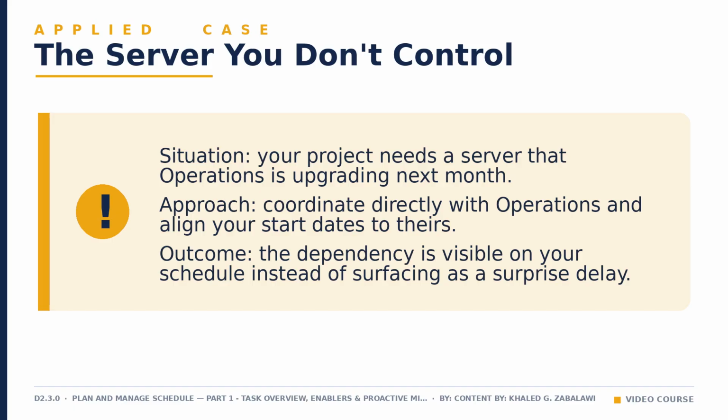The proactive move is to find that operations team early, confirm their timeline, and build your schedule so your start date sits safely after theirs. This is a small example, but it represents a large category of risk, dependencies that live outside your authority. Coordinating them early is far cheaper than discovering them late, after your own plan is already locked in.